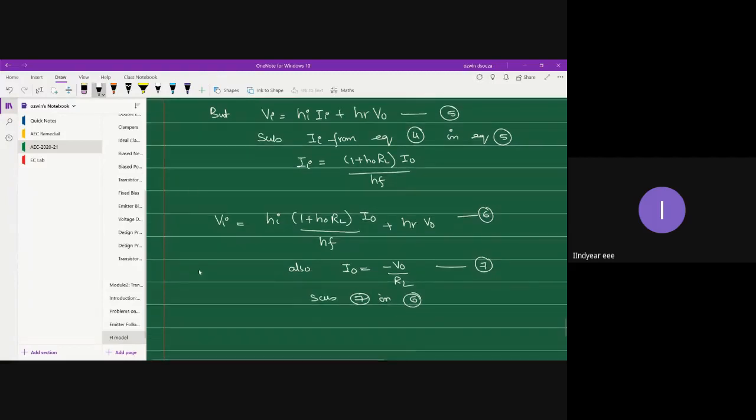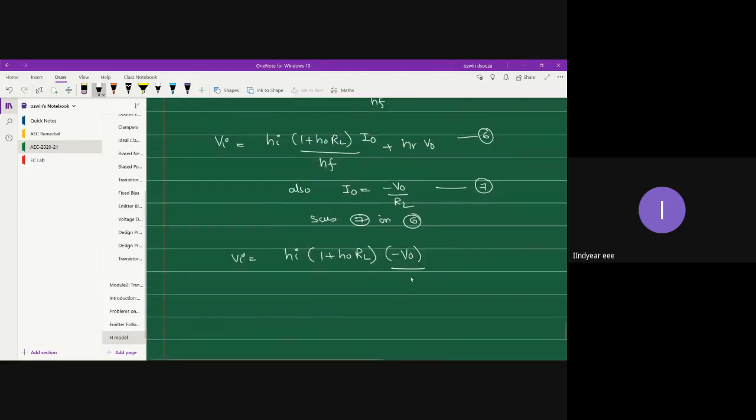So what you have is Vi is equal to Hi into 1 plus H naught into RL into I naught, and in place of I naught, we will write minus V naught divided by RL, and you have this term as well, divided by HF, plus HR into V naught.